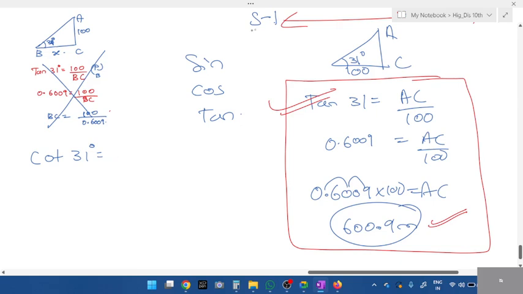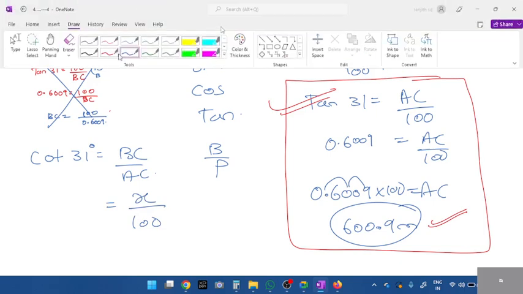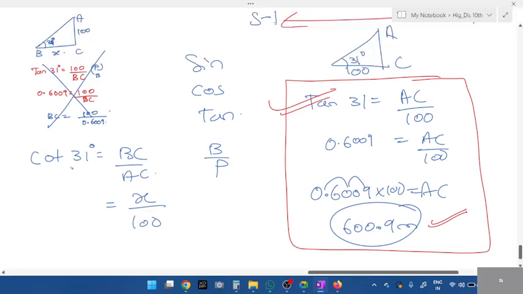Respond, students. What's the formula? Base by perpendicular. BC divided by AC. What is the BC value? 100. Is cot 31 given in the table? No. Convert into tan. What is the tan value?